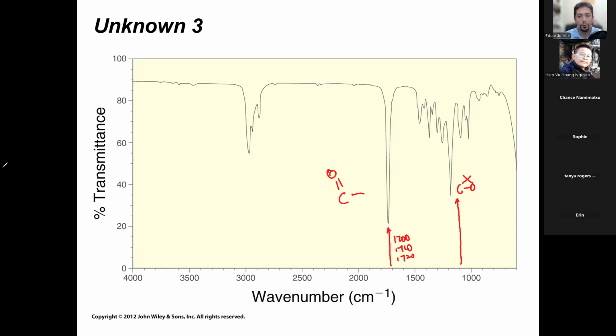What's at 3,000 usually? CH, right? Notice there's one specific peak right here that's lower than the rest. And yes, Nikki said, is this an aldehyde? Is this a CH? 100%. So this is actually an aldehyde carbonyl, right?